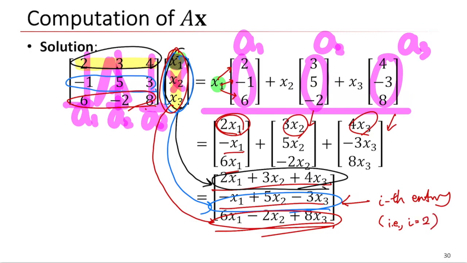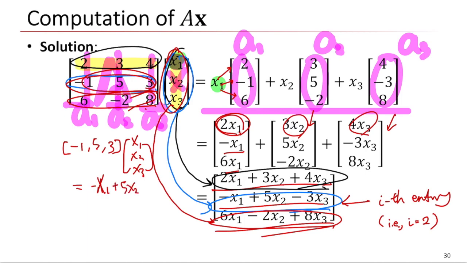In this case, to compute this one, we need the ith row. It's negative 1, 5, 3, and x1, x2, x3. So it will be negative x1 plus 5x2 plus 3x3.